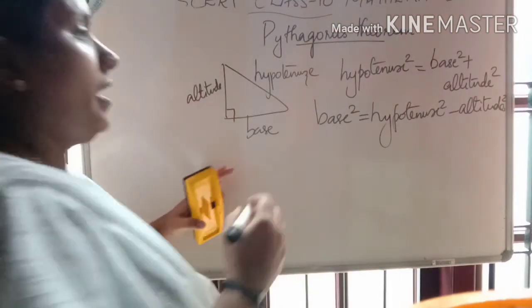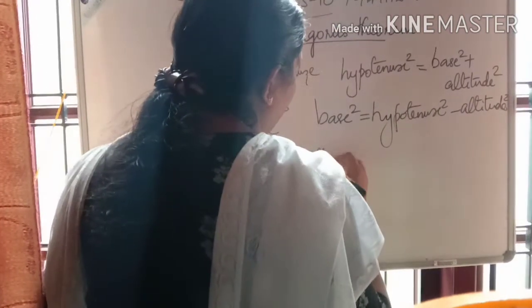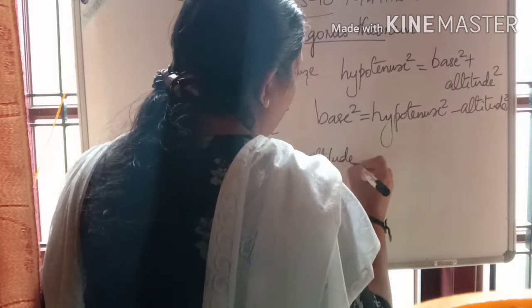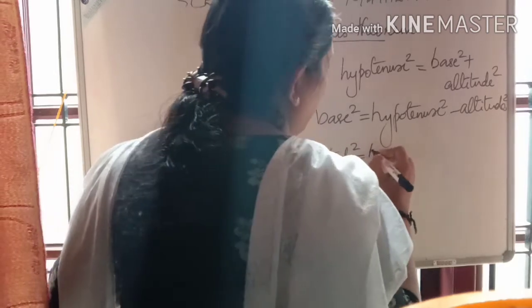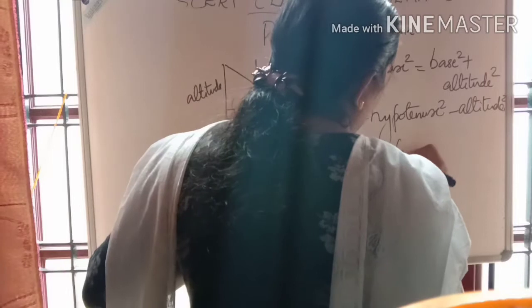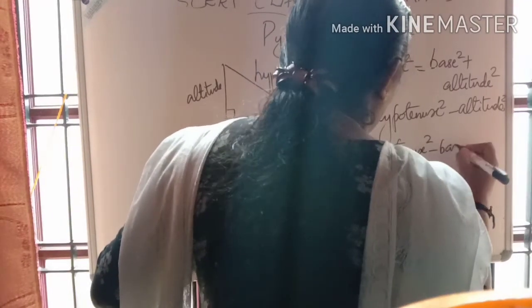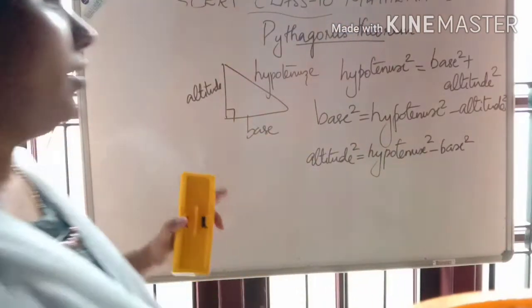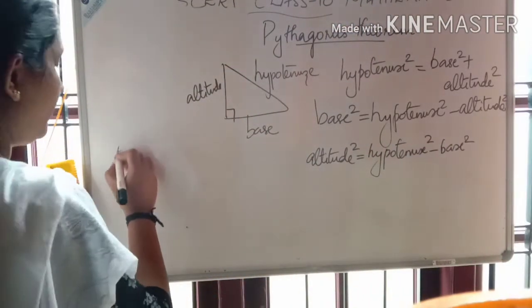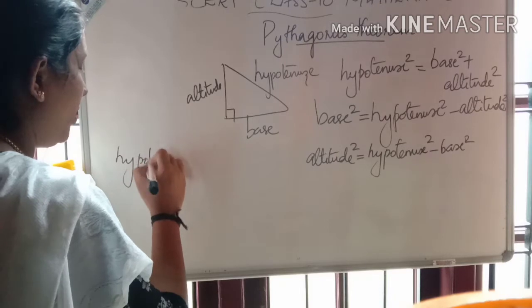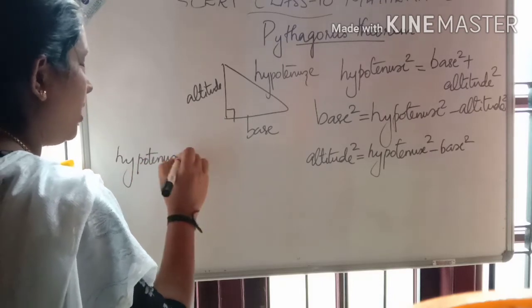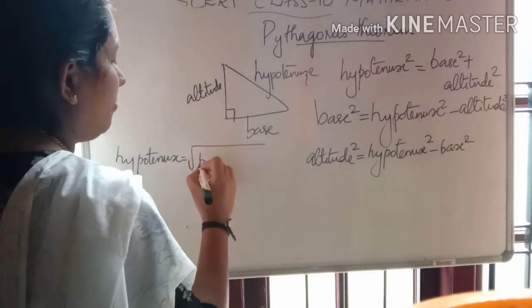Next, altitude square is equal to hypotenuse square minus base square.